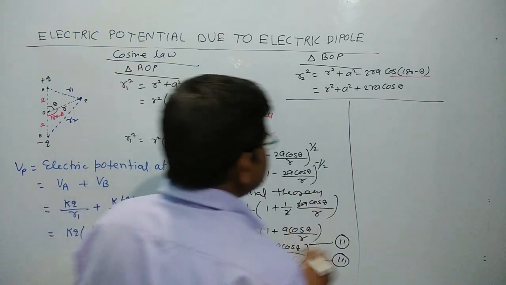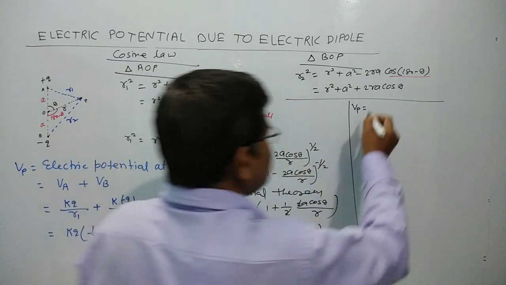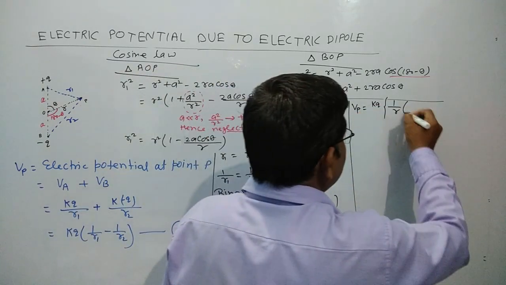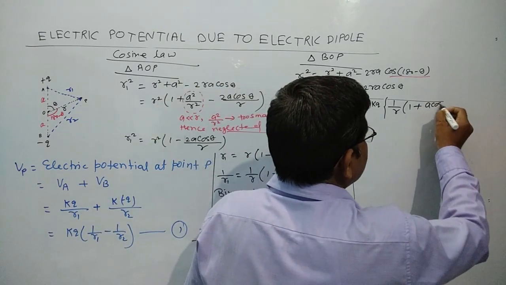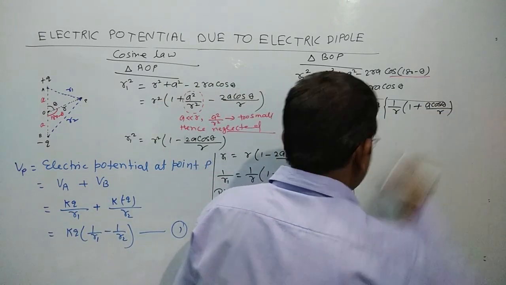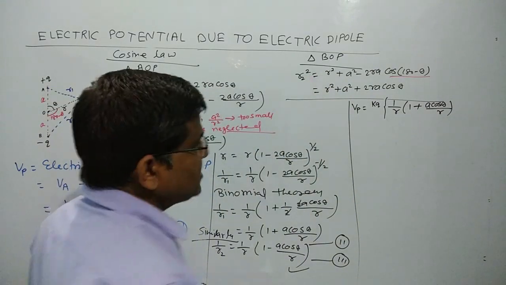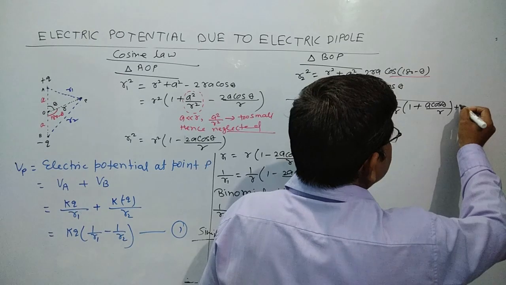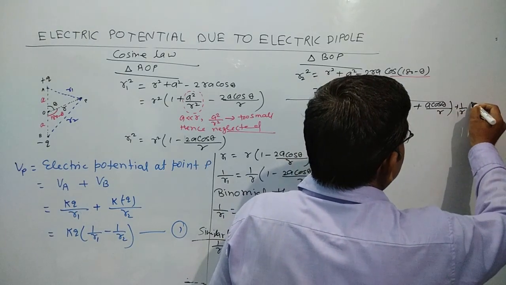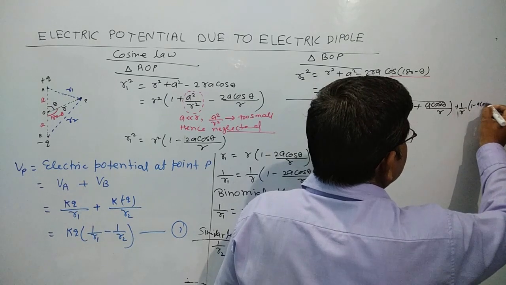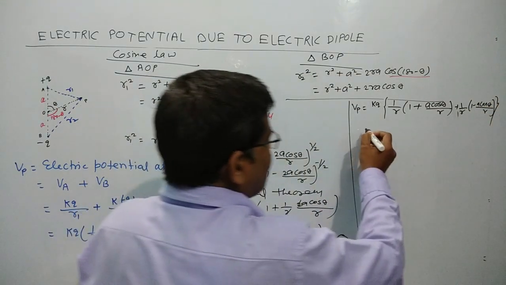Therefore Vp is equal to KQ times (1 plus A cos theta by R), and the second term is 1 by R times (1 minus A cos theta by R), with minus sign.